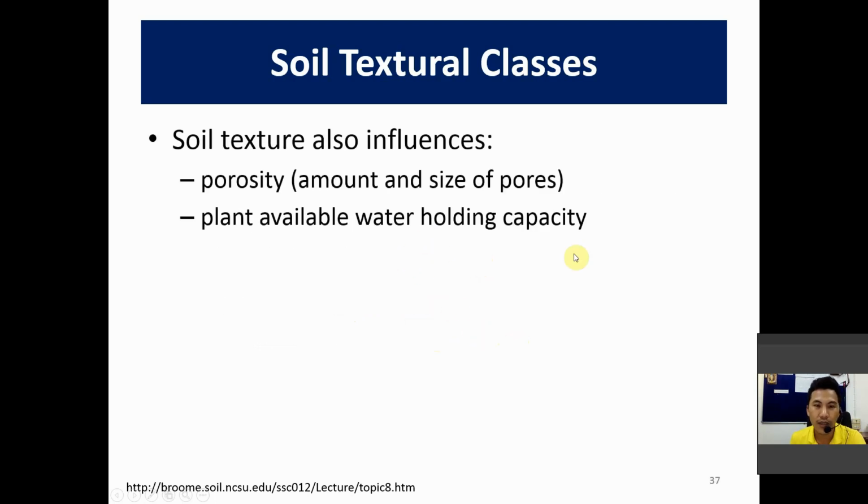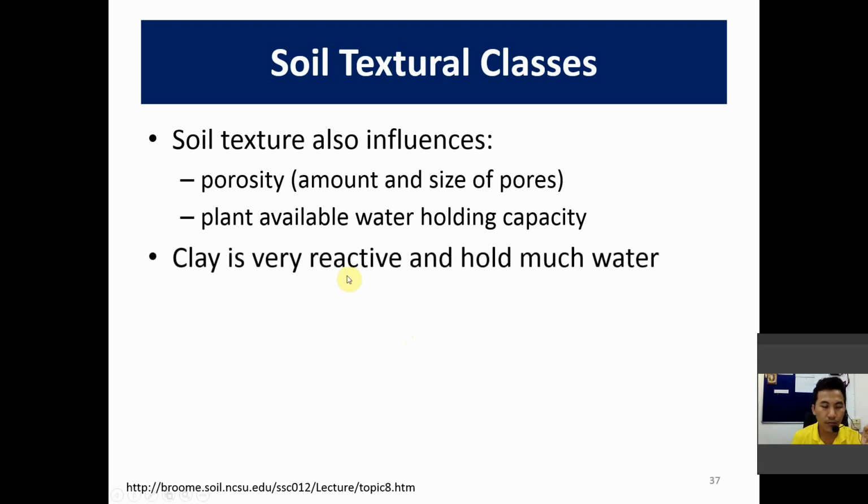The texture also affects the porosity of the soil. Porosity tells us about the amount and size of pores, and the plant-available water holding capacity. If you have a lot of clay-size particles, you tend to have soil that is capable of holding a lot of water.